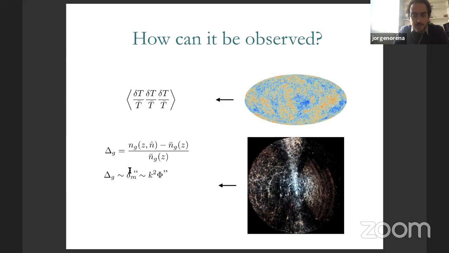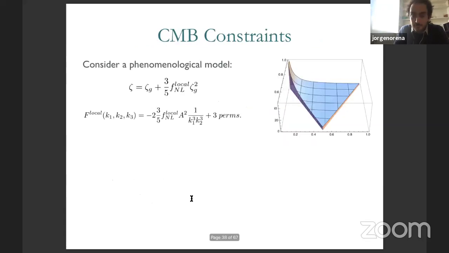So we expect dark matter to follow the gravitational potential that is the metric fluctuations generated during inflation. And so we could look at, for example, the 3-point function of this galaxy number overdensity. But as I will tell you, also in the 2-point function of this galaxy number density, there is information on non-Gaussianity. So let's start by looking at the CMB.